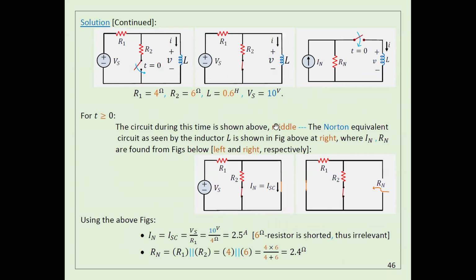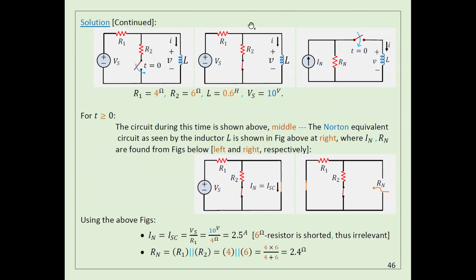So here, simply I can get Norton. I can get Norton for this part, to convert the circuit from this circuit here to the equivalent circuit here, so that this one will become similar to the one we already have its solution for. So how can you calculate Norton for this part? Again, that's very easy.